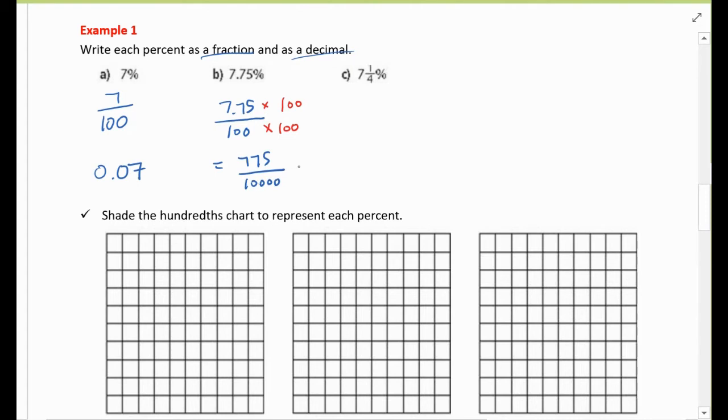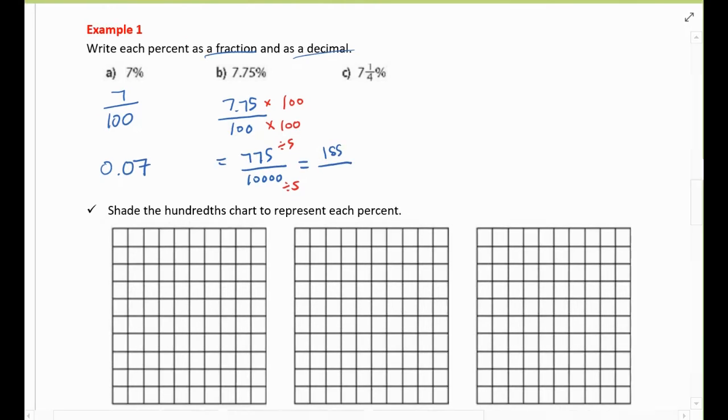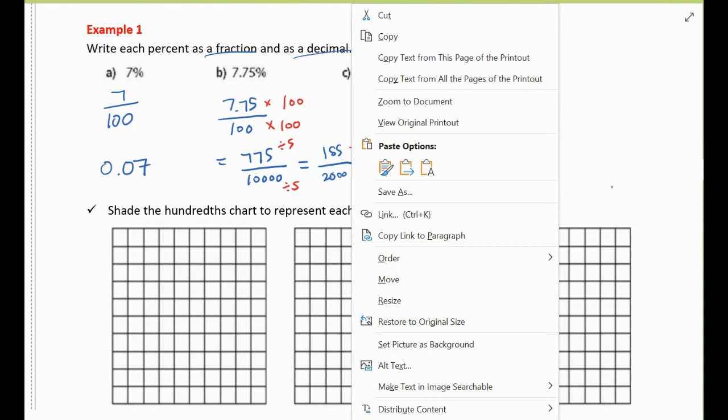And everyone, we want to reduce the fraction. Let's divide both numbers by 5. And that becomes 155 over 2,000. And we're not done yet. We're going to divide both numbers by 5 again.